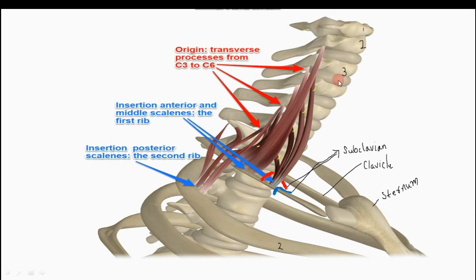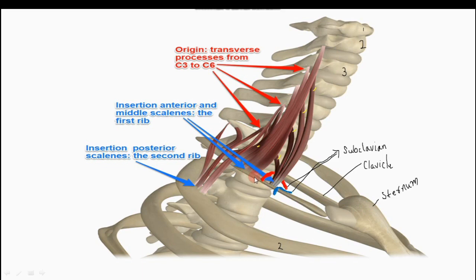Let's get familiar with the different structures here. So here we can see the vertebrae. These all are the vertebrae arranged. This one is C1, C2, C3, C4, C5, C6, C7, and this one is the sternum. This is the clavicle, and this is a lateral view.